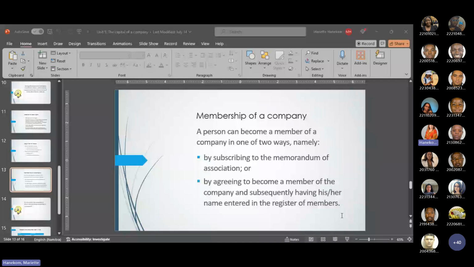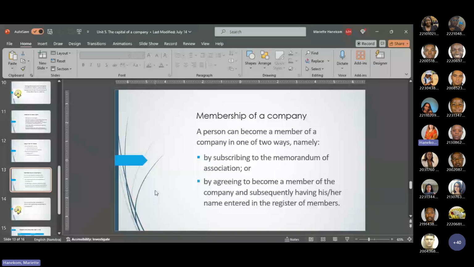Okay, so how do you become a member of a company? You become a member of a company in one of two ways. The very first members subscribe to the Memorandum of Association. So the first members of a company become members by literally signing the Memorandum of Association.